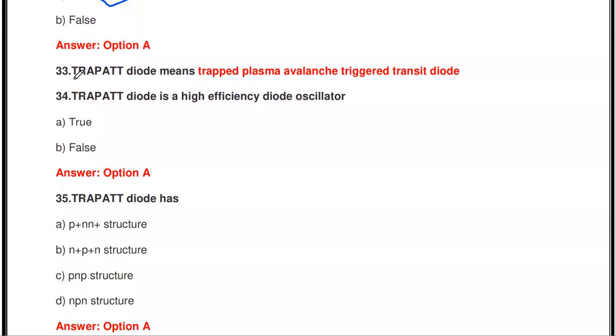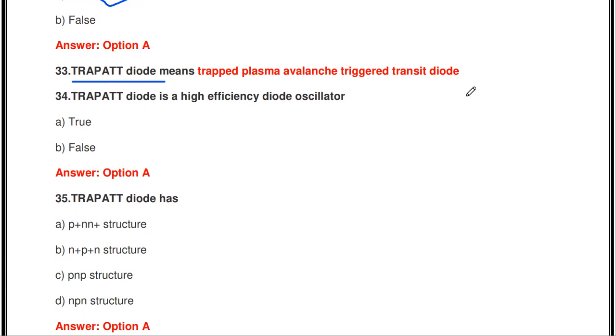So the next diode, TRAPATT diode. This TRAPATT diode is also an important semiconductor device used in microwave. The expansion is trapped plasma avalanche triggered transit diode.